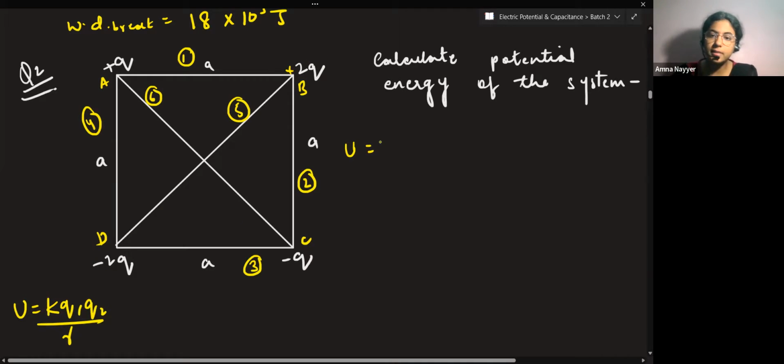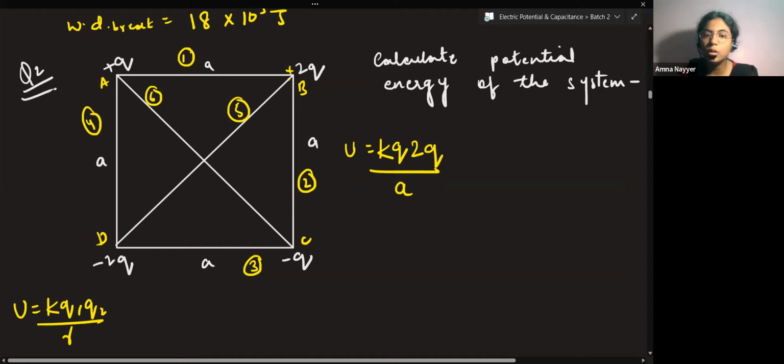So K is the constant. Q1, the first charge, is Q. The second charge is 2Q. Separation between them is small a. This is the potential energy between point A and point B, Q and 2Q.